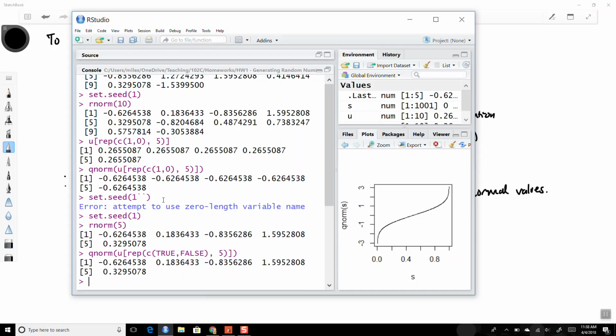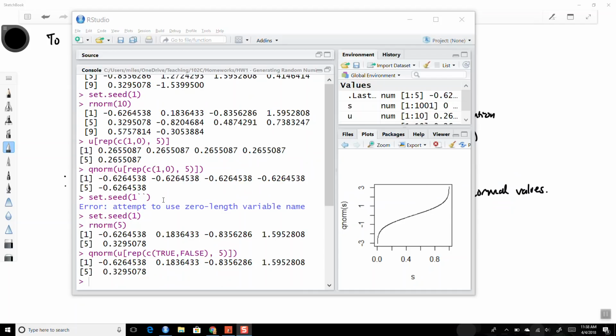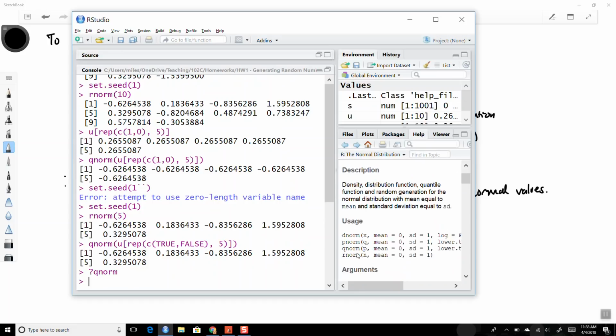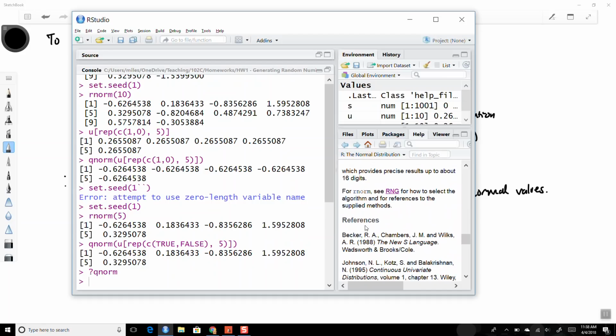The truth is that, again, the inverse CDF of the normal distribution is really complicated, and qnorm actually uses a high quality approximation, and you can read all about that. You don't have to.